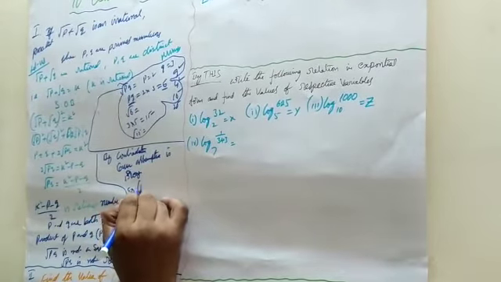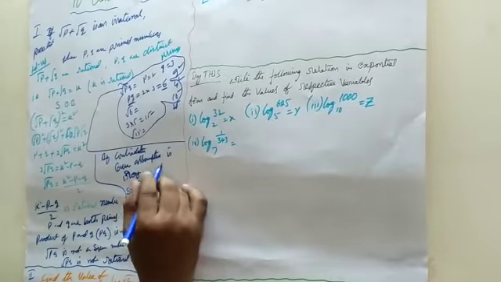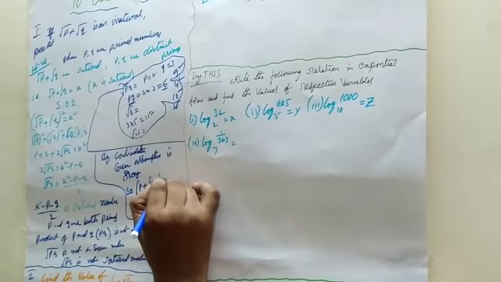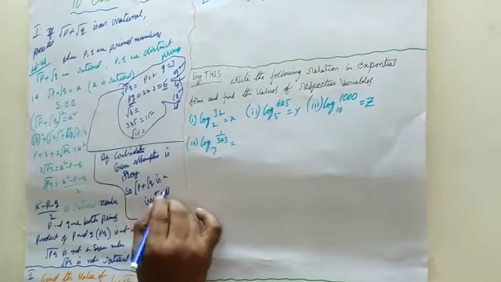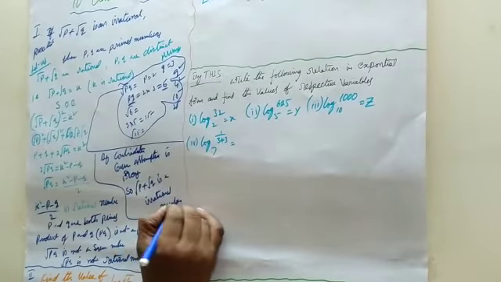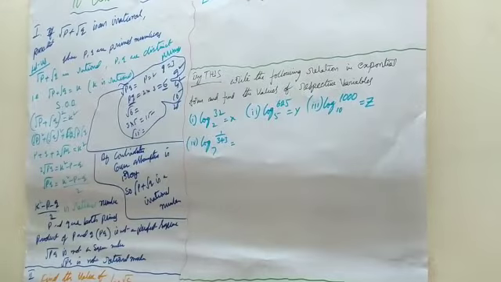So root p plus root q is an irrational number. Why? Because p and q are distinct primes.